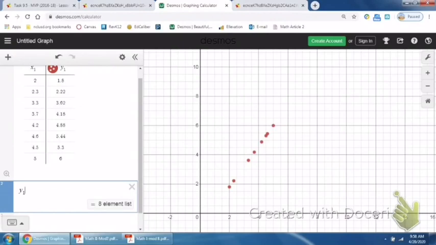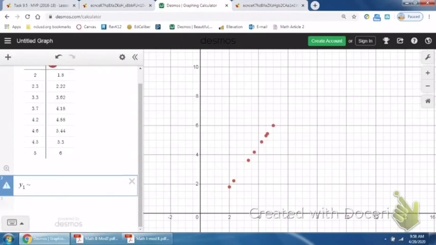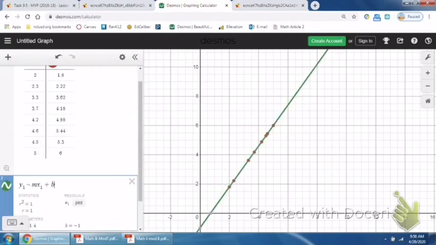For the tilde, you have to hit shift, and it's the button right under the escape key. So y1 tilde m x1 plus b. Basically y equals mx plus b, but instead of equals, it's a tilde, with a 1 on the y and the x.